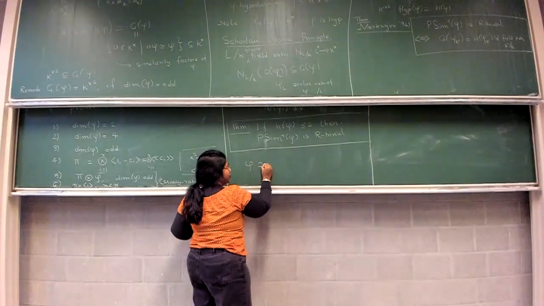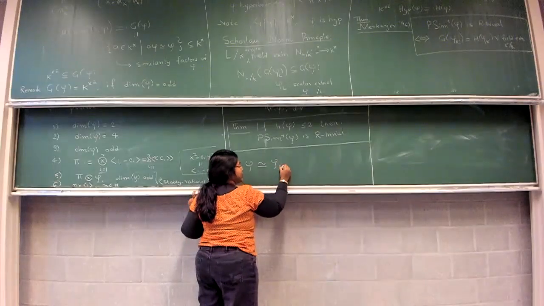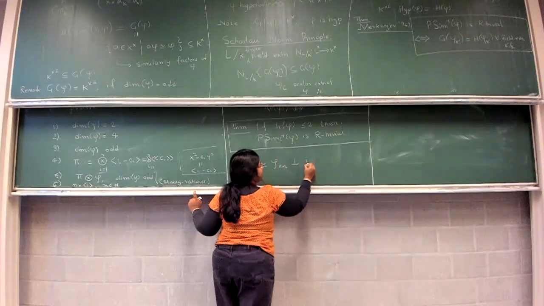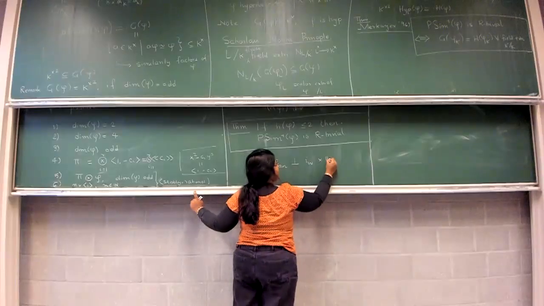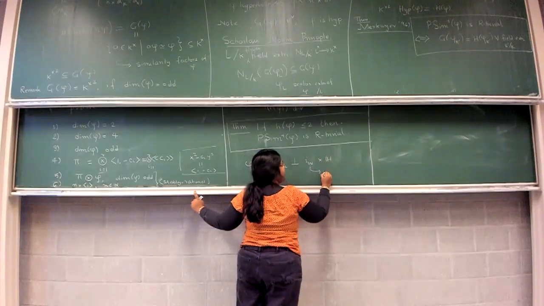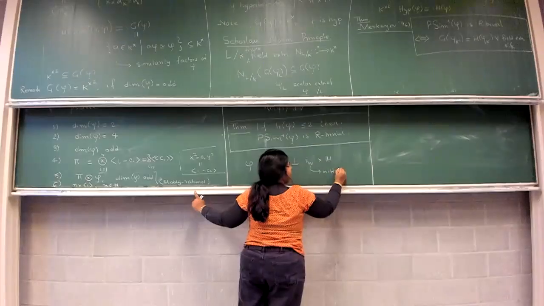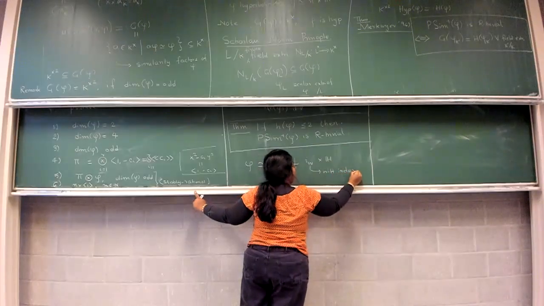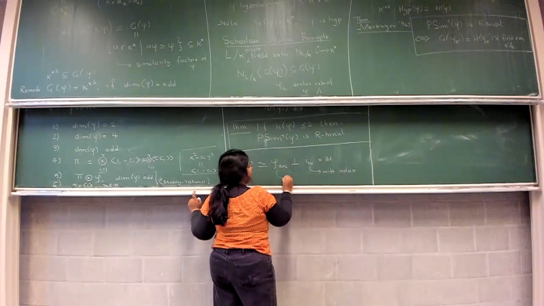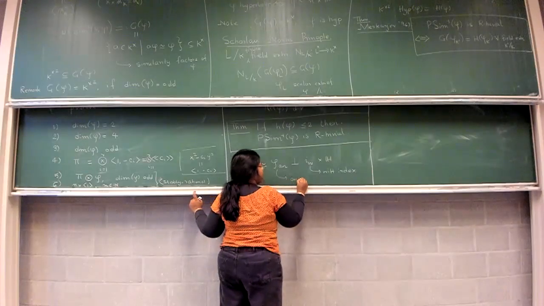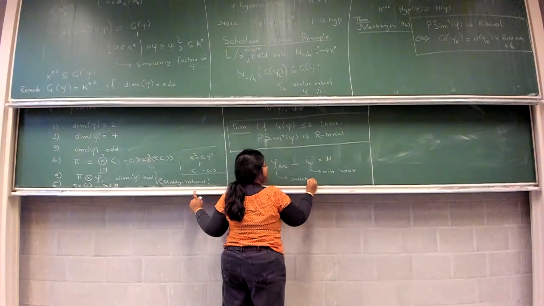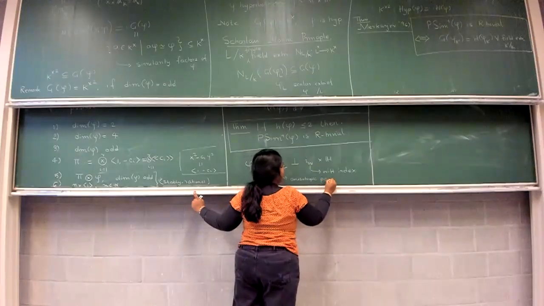For any quadratic form, we can write it as its anisotropic part plus the Witt index times the hyperbolic plane. And this is the anisotropic part.